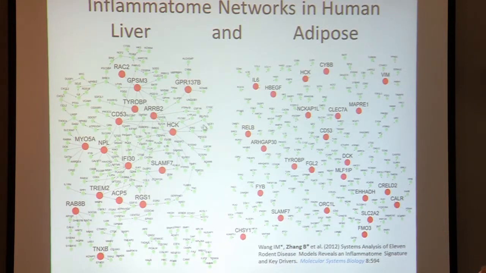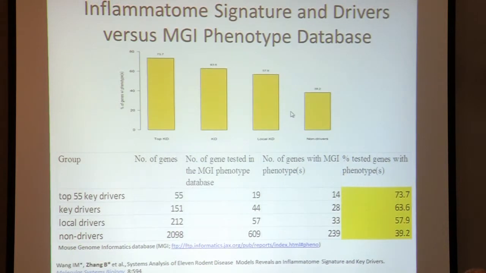So you can see here, this actually becomes much sparser, and then we identify a number of conserved drivers as I showed before. And again, we validate those drivers through the MGI database.